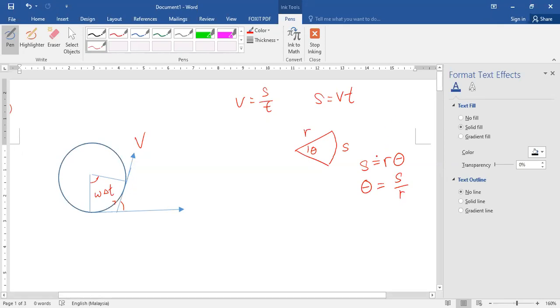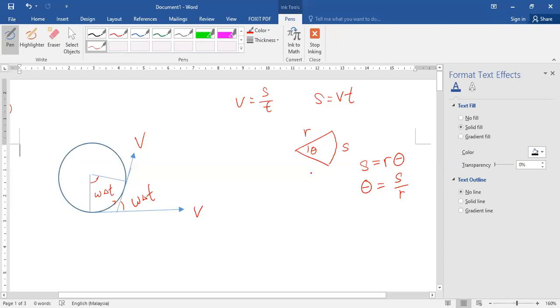So this is one of the concepts. From here, if we combine like that, this will be the V, right? So the change of the V from this point to this point will be omega times delta T. Why?